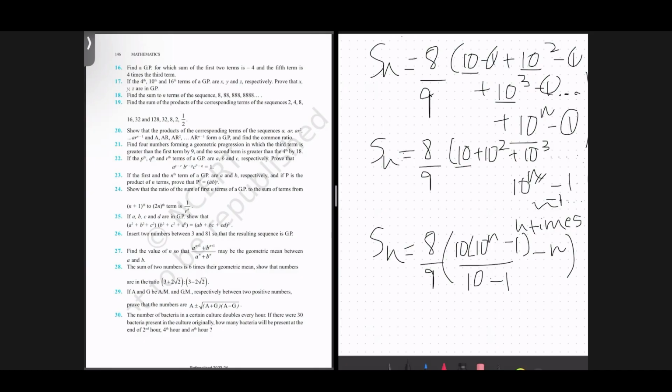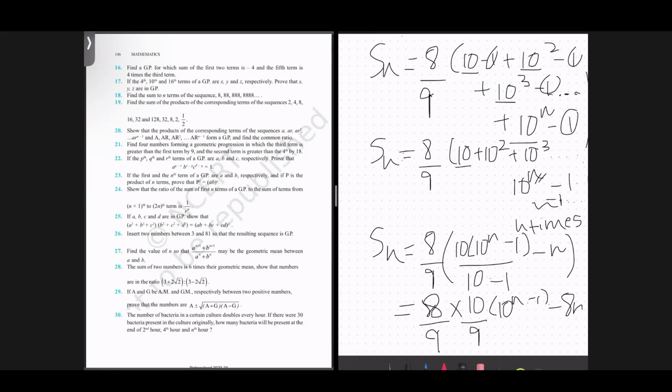So this is what I'm left with. Correct. Simplifying this, I'm going to multiply 8 upon 9 in both the terms of the numerator and denominator, and what I'm going to get is 8 upon 9 into 10 upon 9, 10 raised to the power n minus 1, minus 8n upon 9.